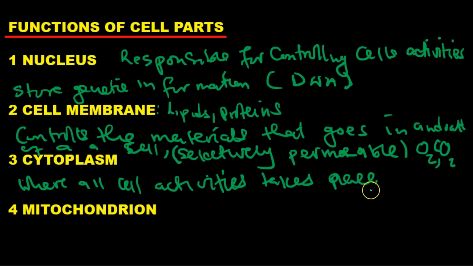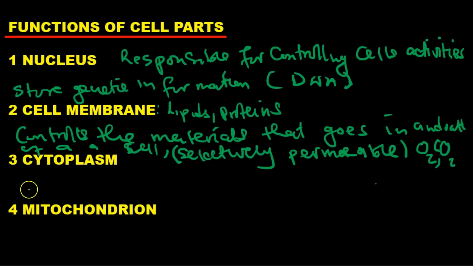Remember, bear in mind that the nucleus controls the cell's activity, and the nucleus is found in the cytoplasm. Therefore, since that is where the nucleus is found, which controls the cell's activities, in the cytoplasm is where the cell's activities take place.